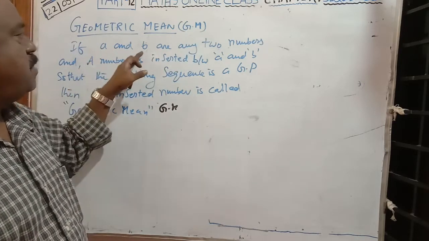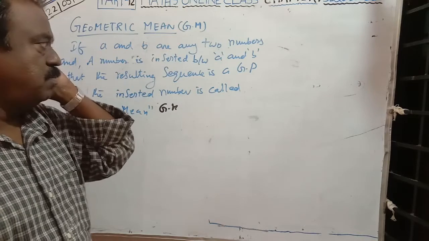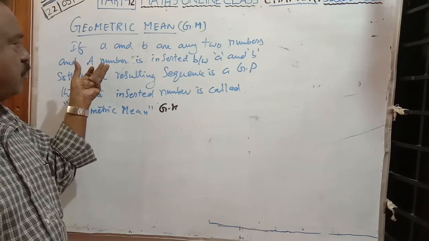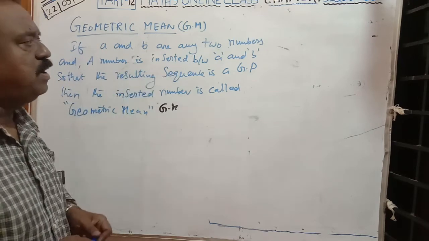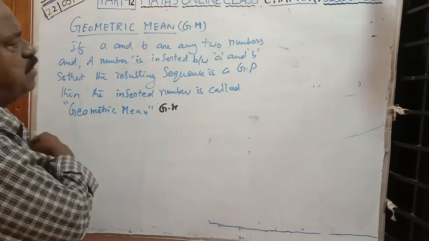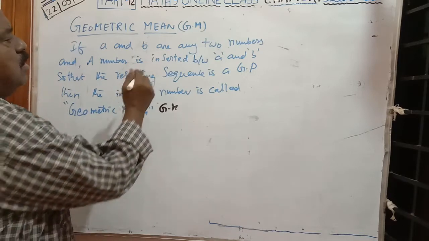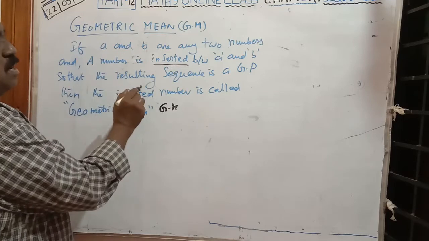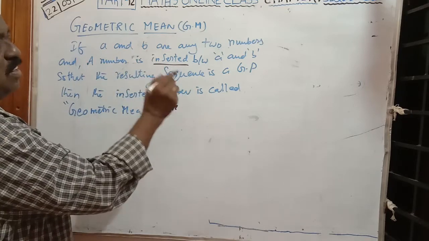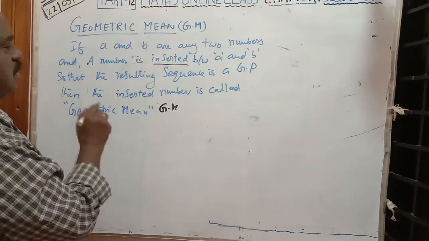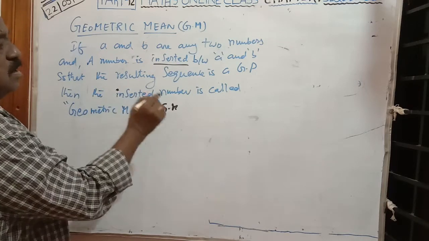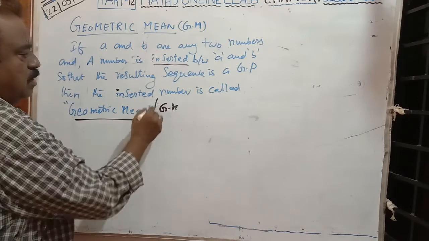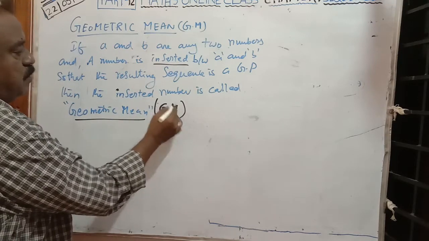If A and B are any two real numbers, and a number is inserted between A and B so that the resulting sequence is a GP, then this inserted number is called the geometric mean or geometrical mean. It is denoted by GM. Okay?